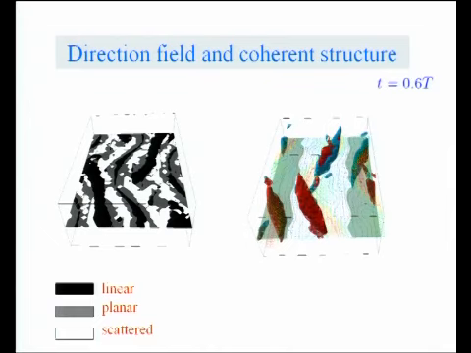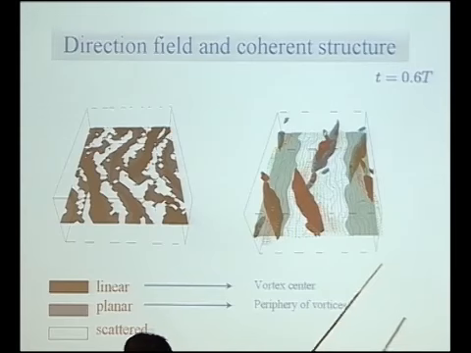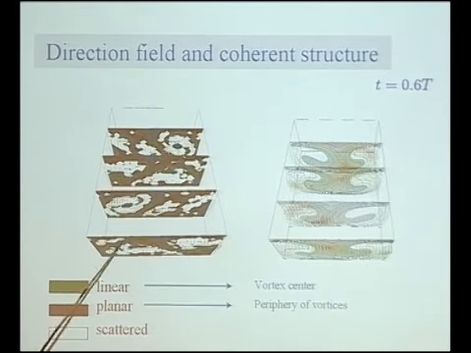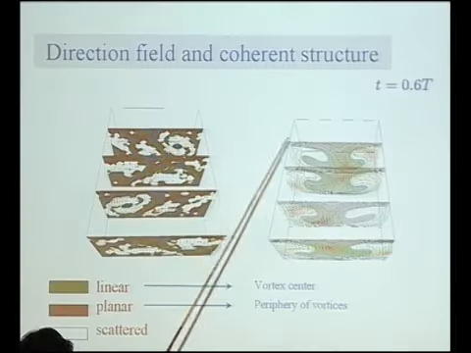Now we examine where the linear and the planar types are located in the flow field, and we compare the type of directional distribution and the flow state. So if we compare these two, the linear region exists in a vortex center, and the planar region is the periphery of the vortex center.